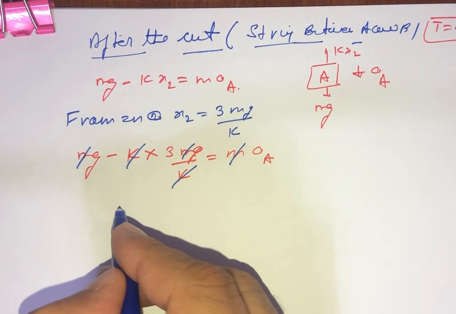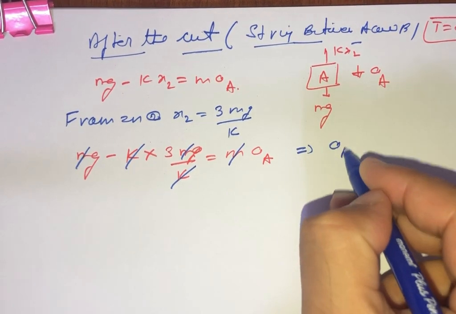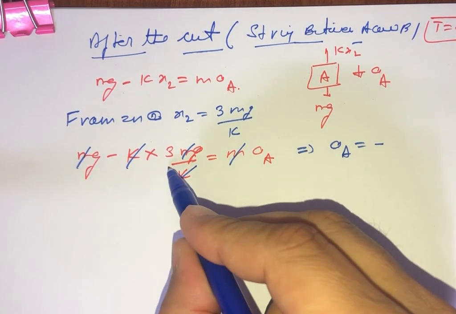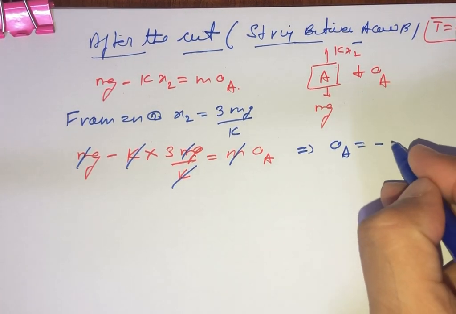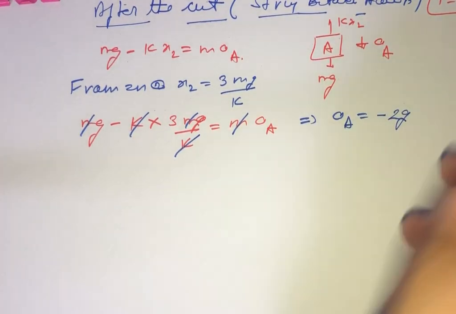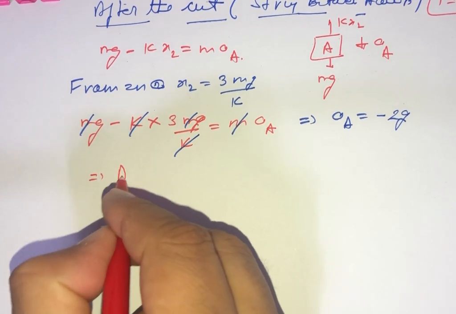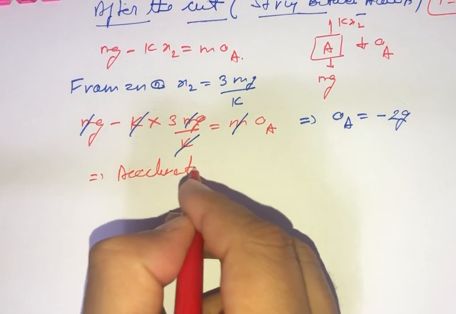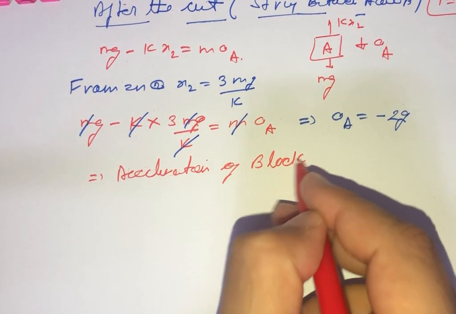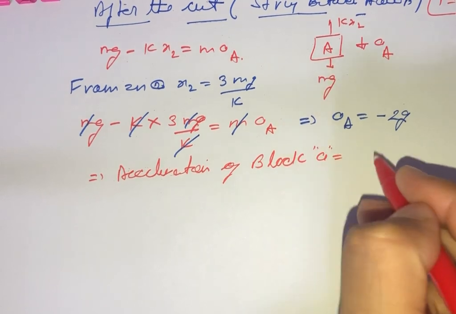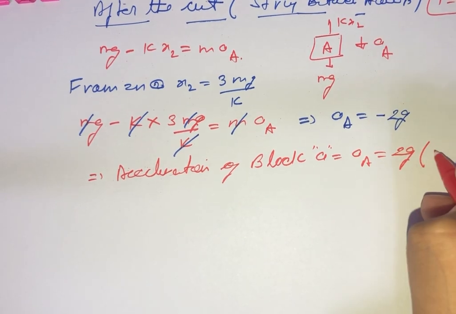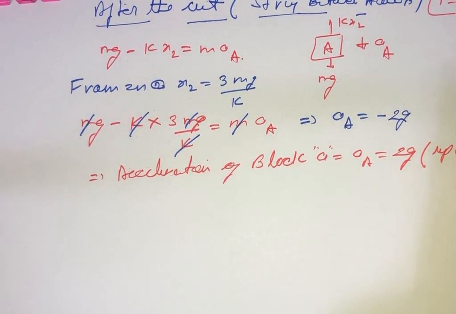So from here we can say that acceleration of A will be equal to minus 2g. So the acceleration of block A, aA, is equal to 2g, and it is in the upward direction.